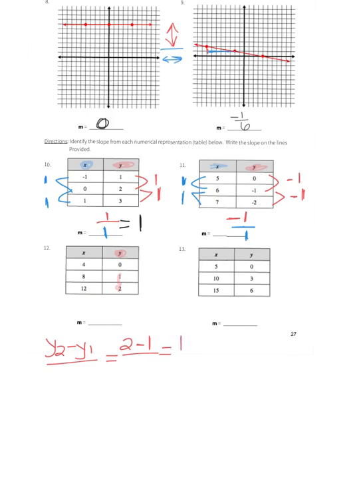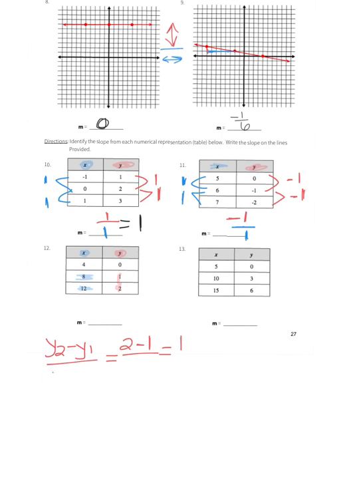And then we go to our other point, which we have x over here, and we know x is on the bottom, so I need to pick 2 points to find that rate of change. So I have to pick the ones that go across. So if I pick this 2, then I absolutely have to use this 12. If I pick this 1, I absolutely have to use this 8. So now I'm going to go ahead and set it up.